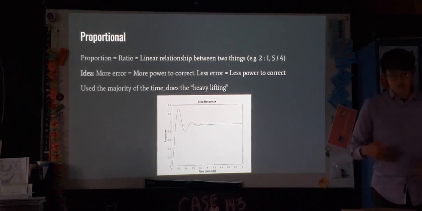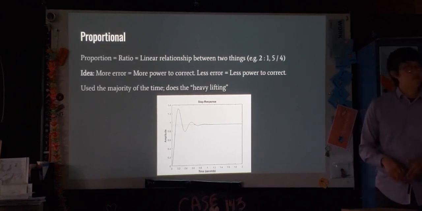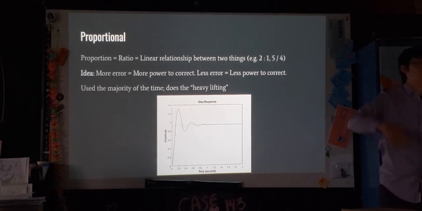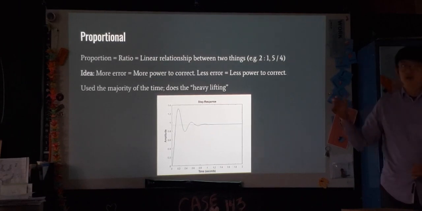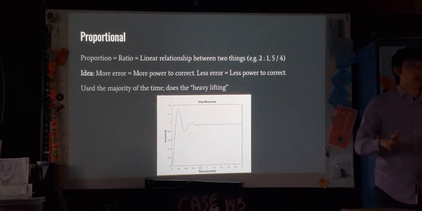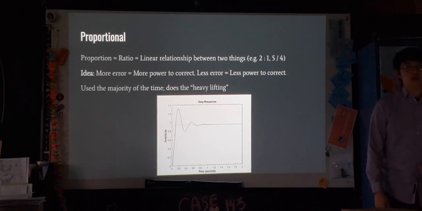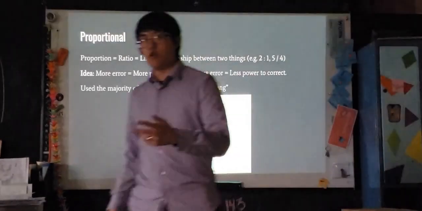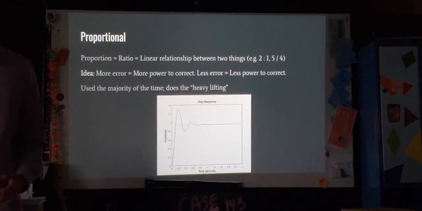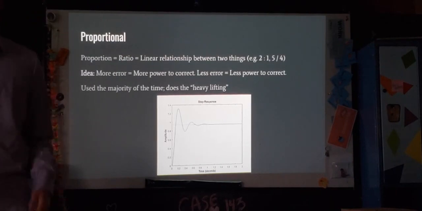But I am actually right here in this point in time. This is a very large error, and thus the proportional part of the PID controller will say you need to supply a lot of force to get to where Carson is. Now, if I was closer to Carson, my error is less, and thus the power output is less.